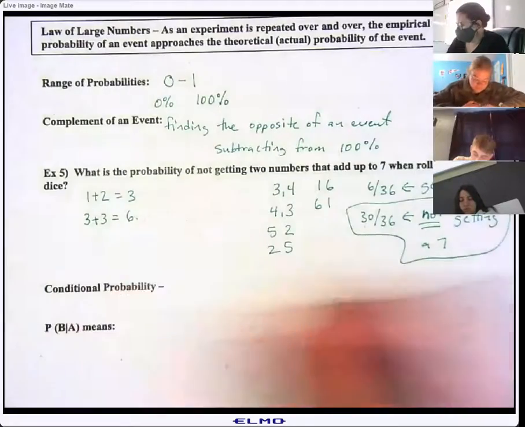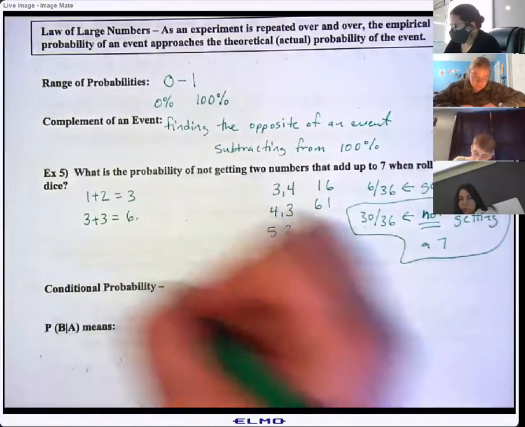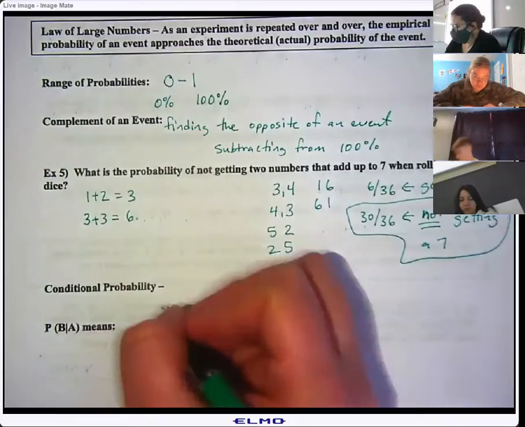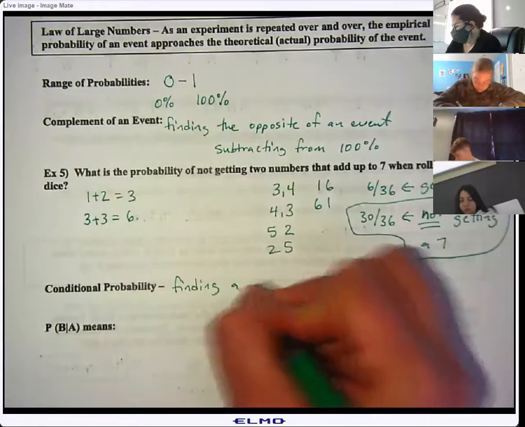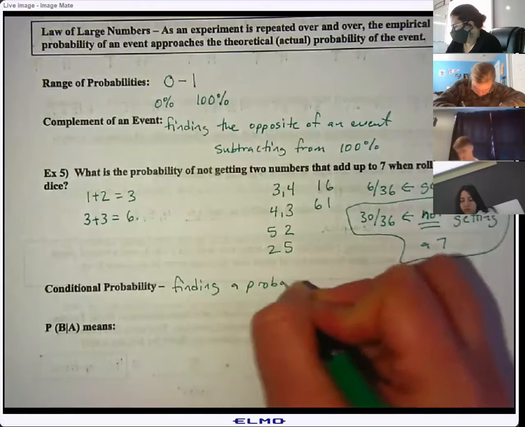Conditional probability, that means finding a probability when something else has already occurred.